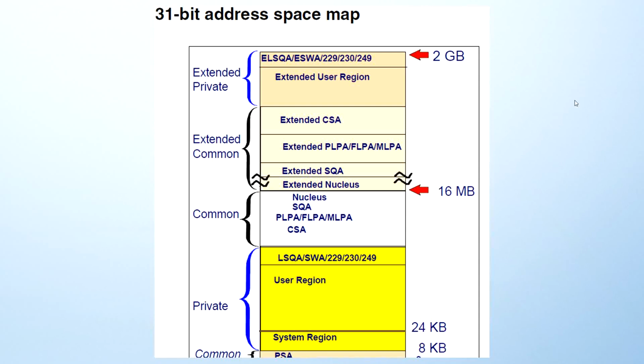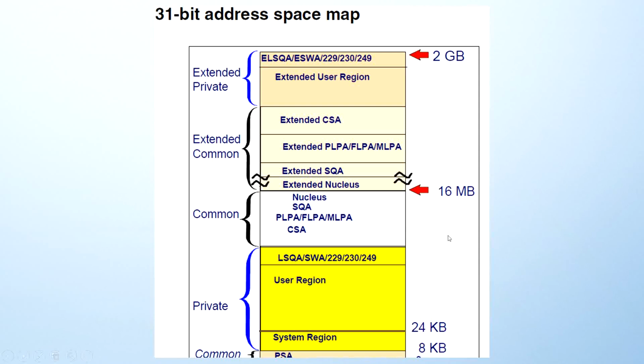In the olden days, the Z architecture was limited to 16 meg. Later, with advances in hardware and software, the limit was extended to 2 gig, and now with the latest hardware and software, it is even beyond that, to 16 exabytes.